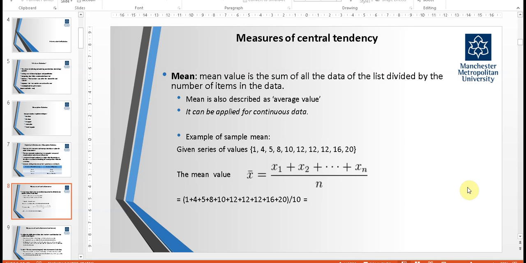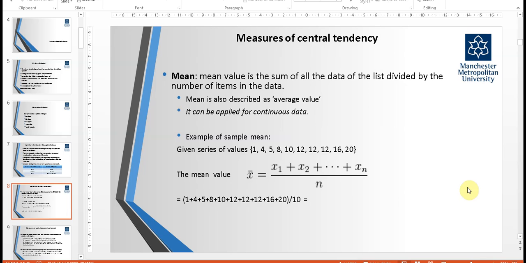That could be an integer, or it could be a number with decimal places. But we're looking at a series of data, so it's not just one entry. It's a few data. And these data indicate the changes of a certain value.